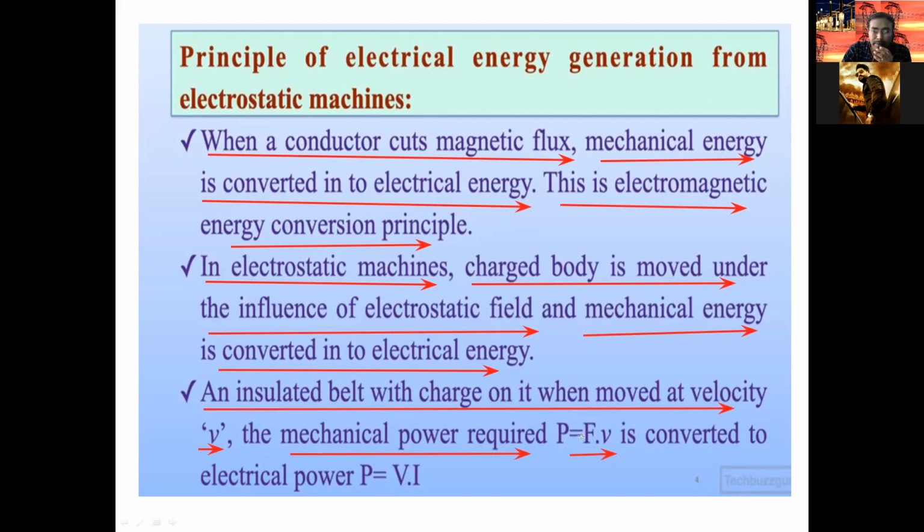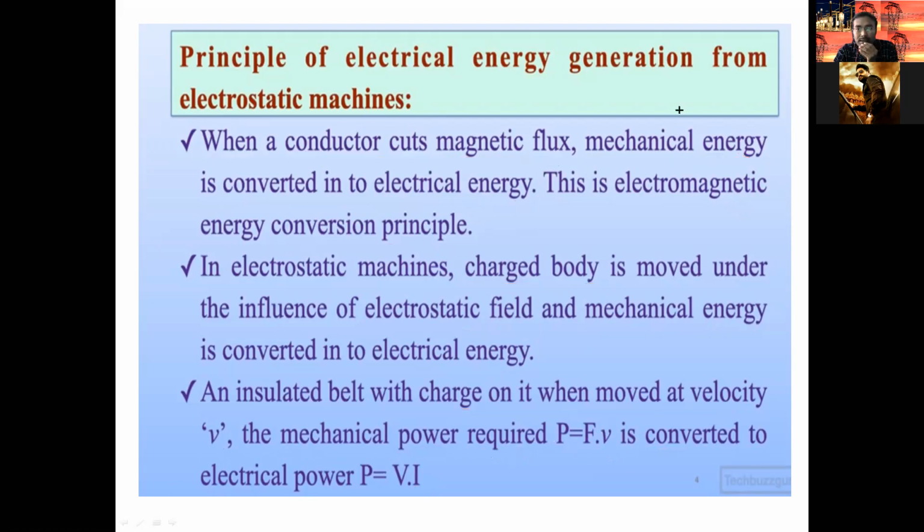The multiplication of F into V is called mechanical power, and it is converted into electrical power, that is V into I. It's clear. So this is about the principle of operation of electrostatic machines.